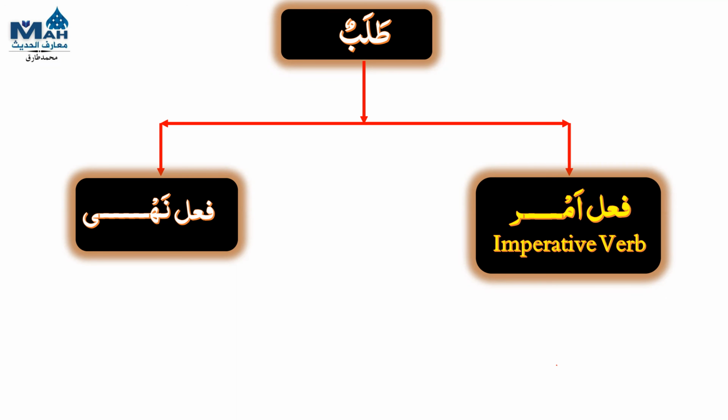So we'll study one by one. First we'll study fi'lu amr, how it is constructed, as we learned in our fi'l mazi and fi'l mudare, how they were constructed. The same way we will learn fi'lu amr and fi'l nahy.